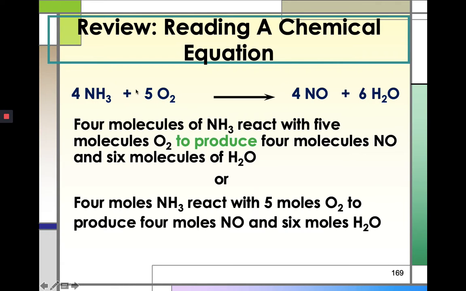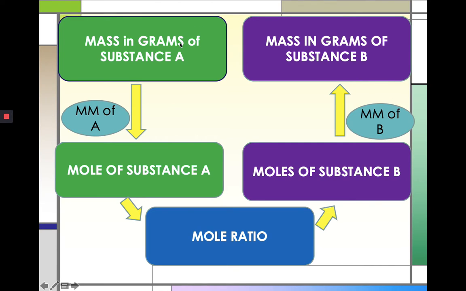All right, so our ammonia here is our substance A, and water is our substance B. So if we want to get the mass in grams of water from 10 grams of ammonia, then we will have to follow the series of steps.